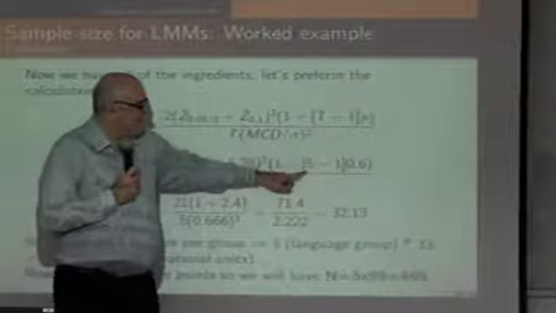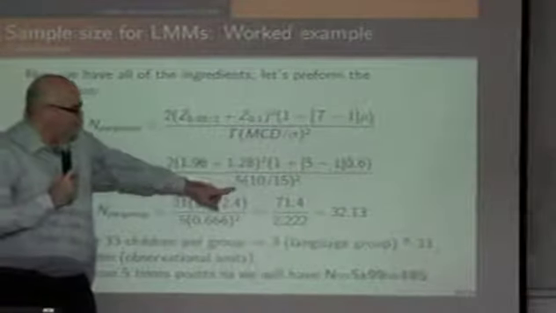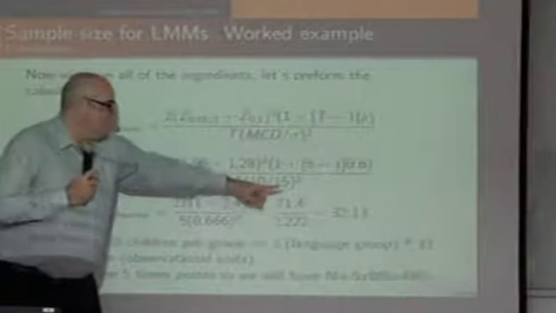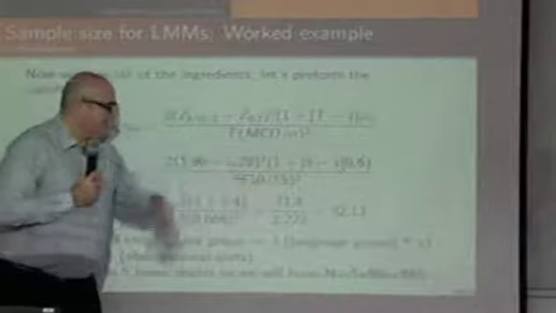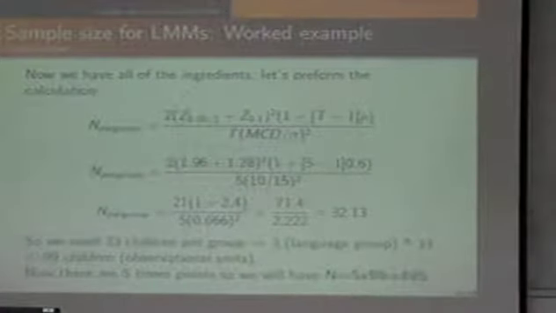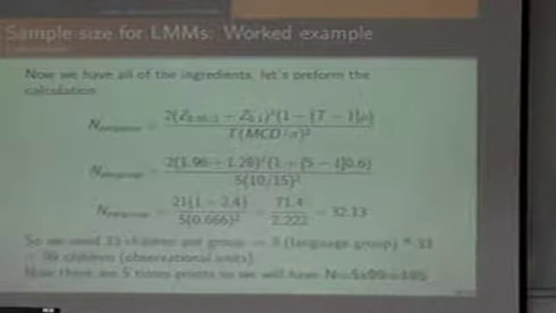There's my 5 time points, my correlation of 0.6, my 10 units of minimal clinical difference, and the standard deviation. So I'm really just plugging it in, and I come out with a value of 32.13, or 33 children that are needed for each group.